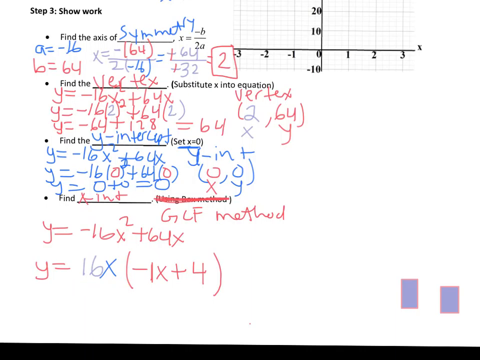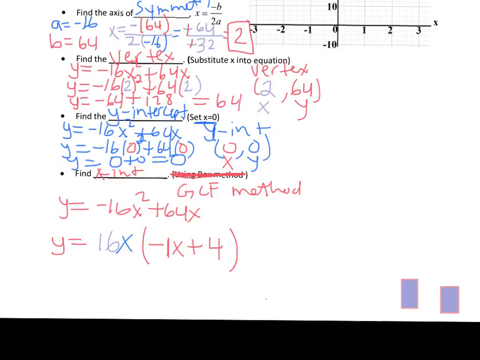So remember we said that when we're finding the x-intercept, the y's are always going to be 0. So I'm going to set y to be 0. So 0 is going to equal 16x times negative 1x plus 4. Alright, so to solve this, we're going to do what we did yesterday.